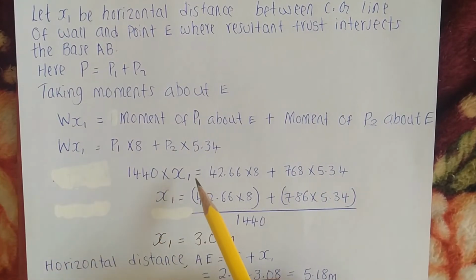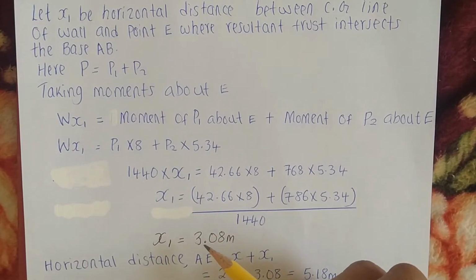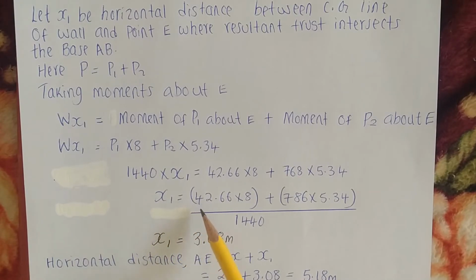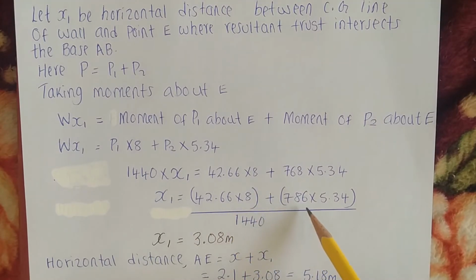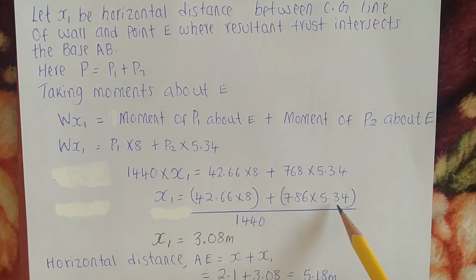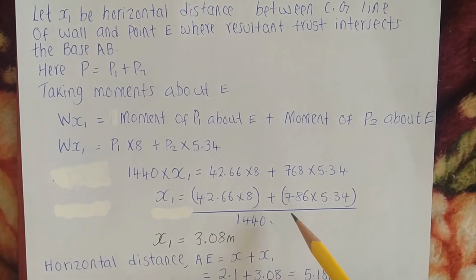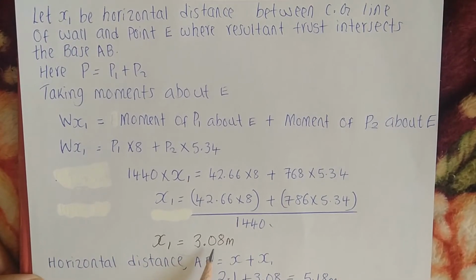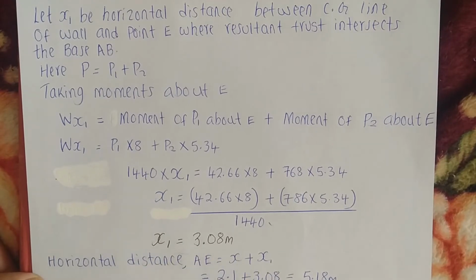So P1 and P2 we calculated previously, and when you want to find the value of x1, it will be equal to 42.66 multiplied by 8 plus 786 multiplied by 5.34 divided by 1440. So you'll get your answer x1 as 3.08 meters.